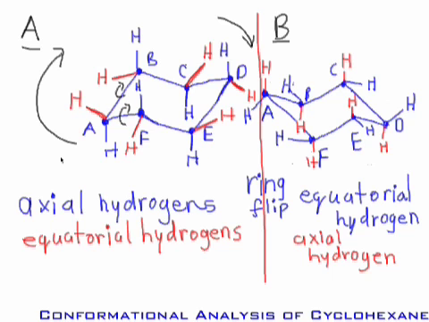But I do want you to consider some of the things that have to happen before we can ring flip from one chair conformer shape into another. Okay, what do I mean? Well, let's just draw a smaller chair, so we've got some room, and leave out the hydrogens. Okay, I can do that.